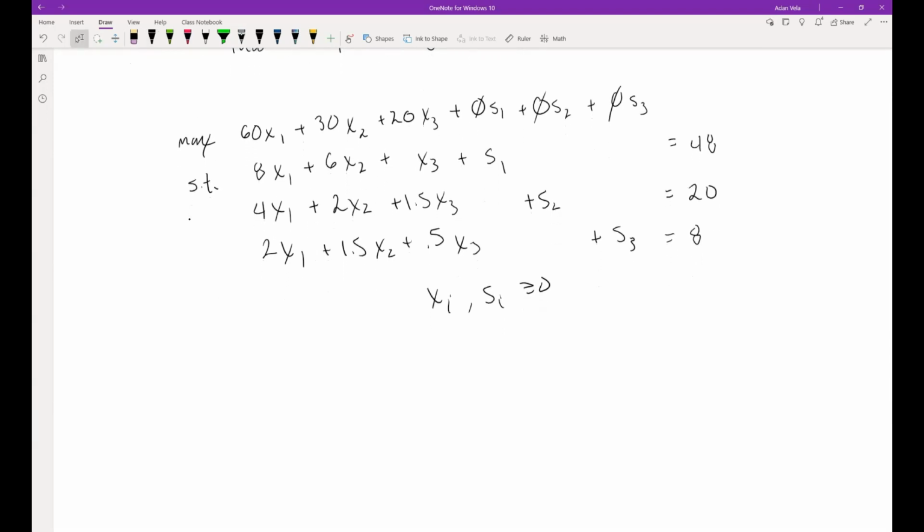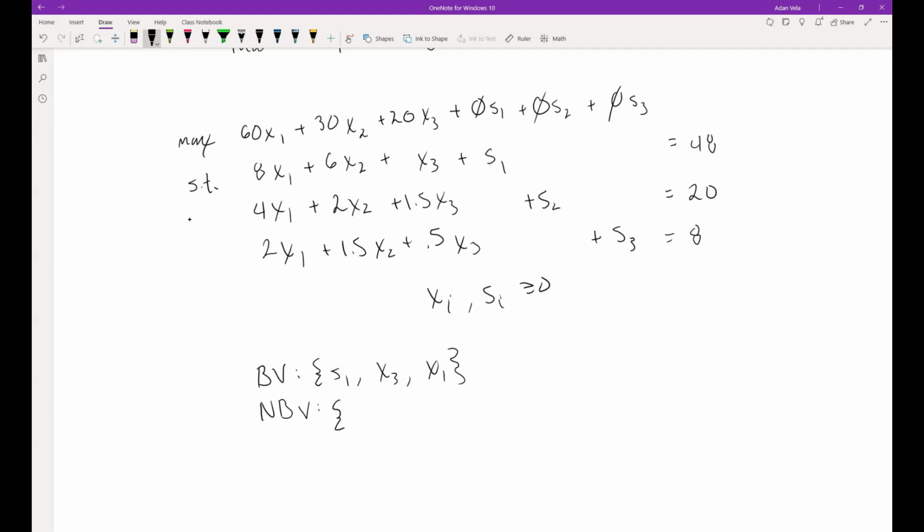And we're going to begin with the knowledge that our basic variables are the set S1, X3, and X1. And so that means our non-basic variables are all the others.